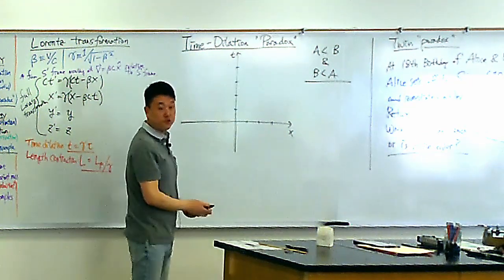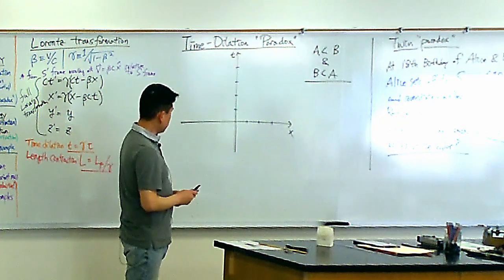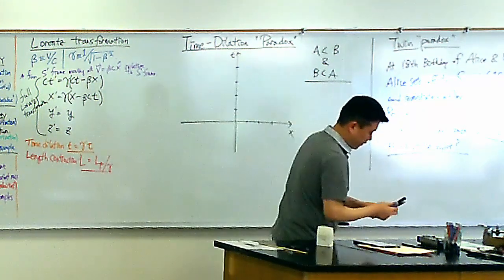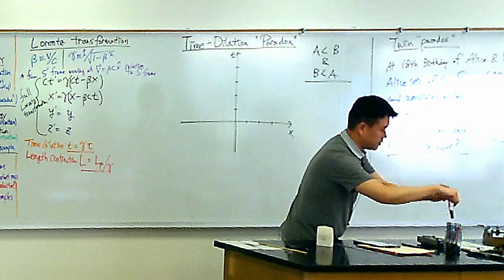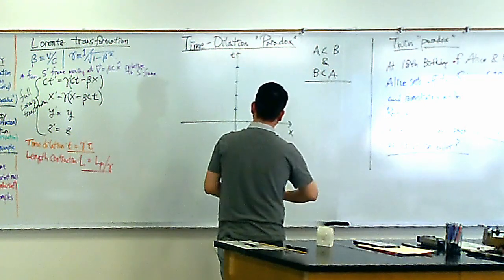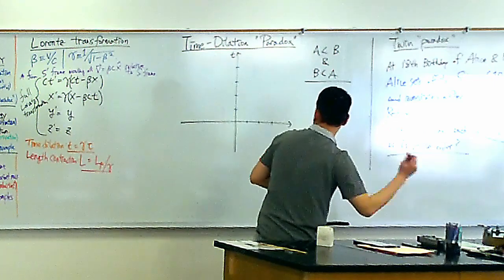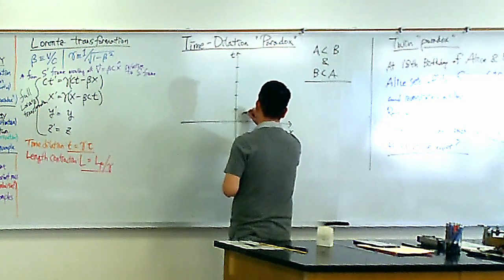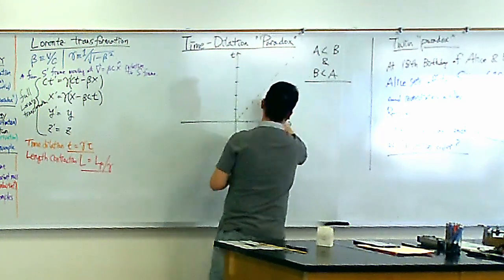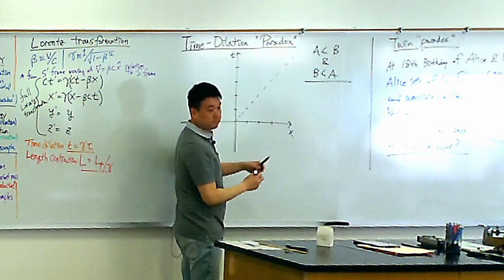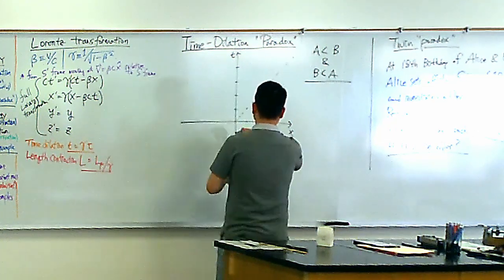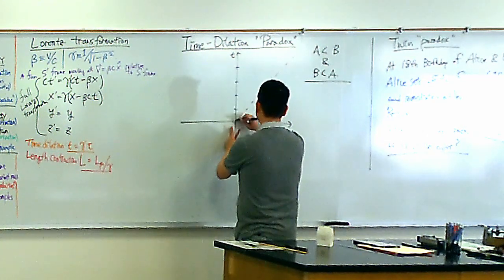I'm just making some unit markers. And let me draw Bob's reference frame, which will be moving relative to this. So Bob is moving at some speed, let me exaggerate this a little bit. So this is the world line for light, moving at the speed of light c. So Bob will be moving at something like this.